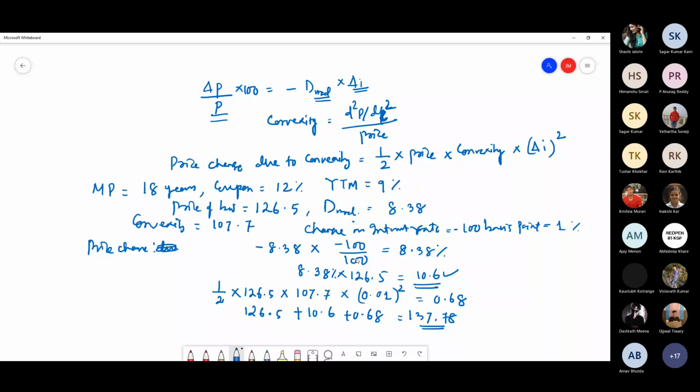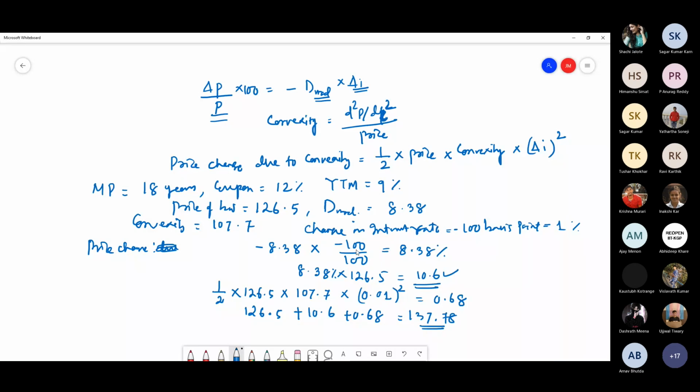So these are the different issues related to bond characteristics, or this is the way the price of the bond and other things can be calculated, or the price volatility of the bond can be calculated with respect to the convexity and the duration.